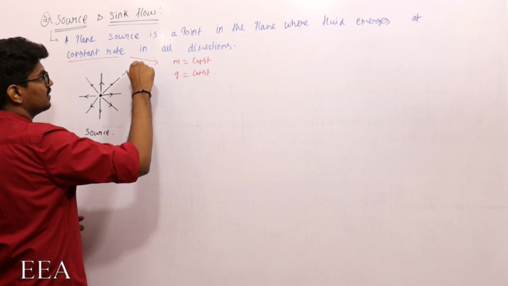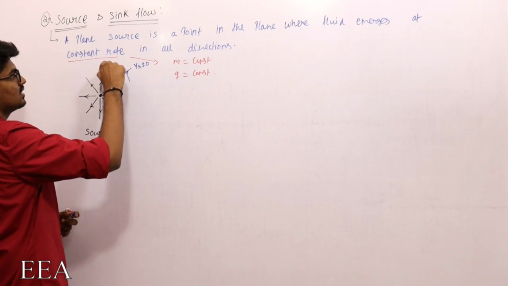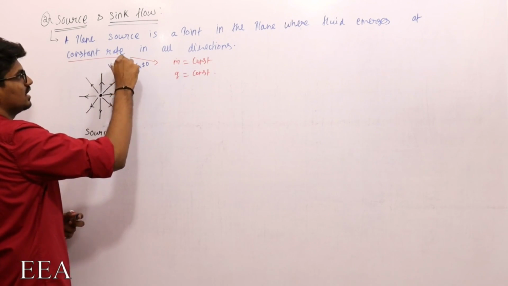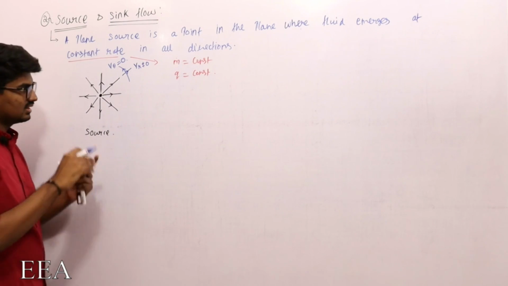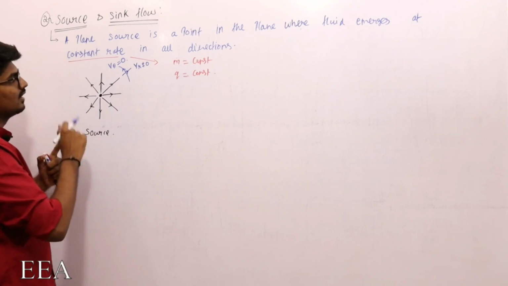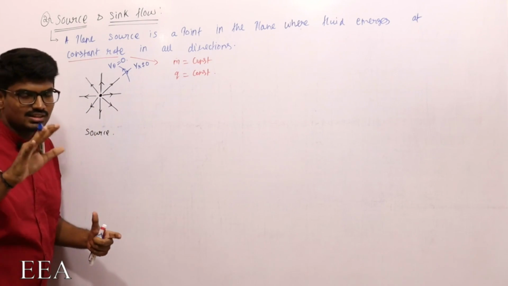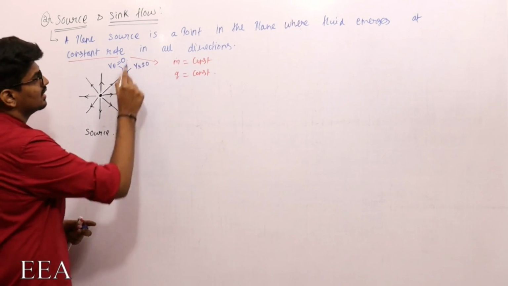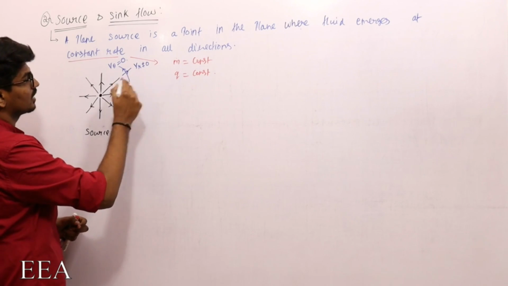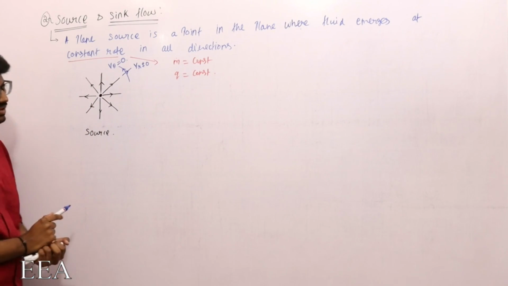So Vr is not equal to 0, but tangential velocity, v theta, is equal to 0. So a source is a point from where fluid continuously emerges at a constant rate, such that radial velocity is not equal to 0 but tangential velocity is 0.